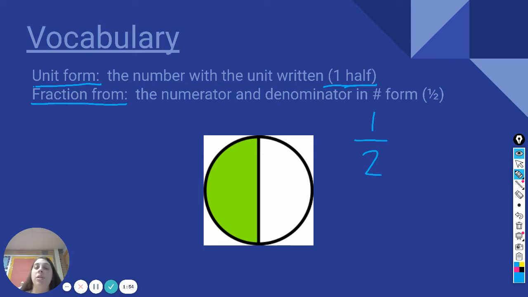And even though it looks different than our unit form, we say it the same way. So we would say this fraction form as 1 half. Okay, so they're written a little bit differently, but they're said the same. Unit form is 1 half with half spelled out. Fraction form is 1/2, where we're writing it as an actual fraction.